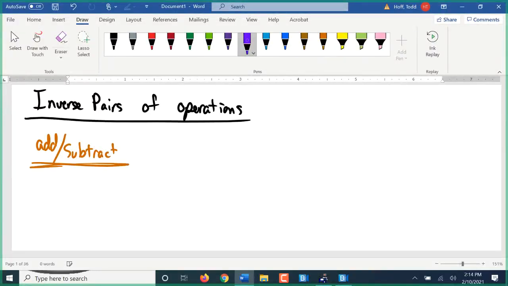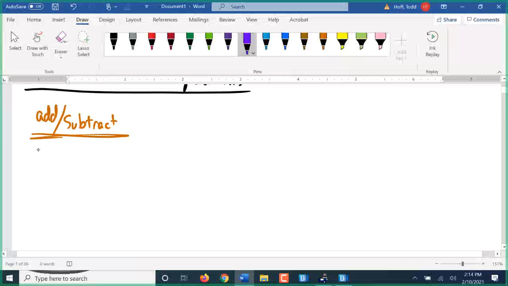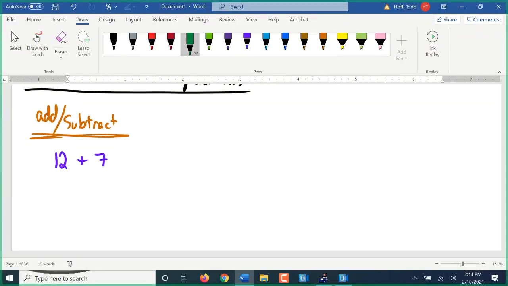If I pick a number, let's say I'm going to start with 12. And I pick another number, let's add 7 to it. So we're going to add 7. 12 plus 7 is 19. If I want to get back to the 12, I'm going to take my 19 and I'm going to do the opposite. The opposite of adding 7 is subtracting 7. That gets me back to 12. If I add a number and then subtract the same number, I get right back to where I started.